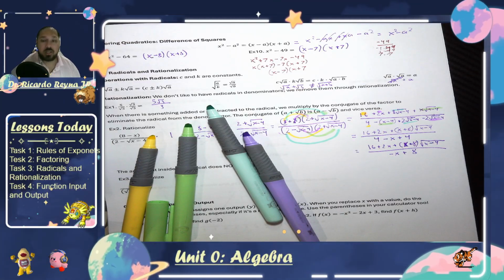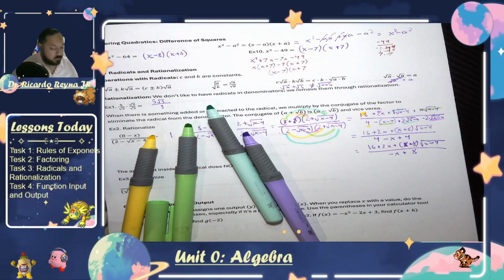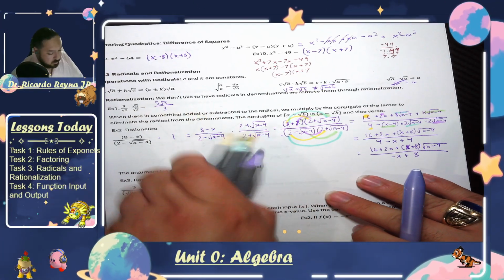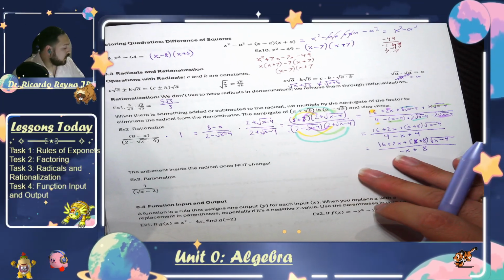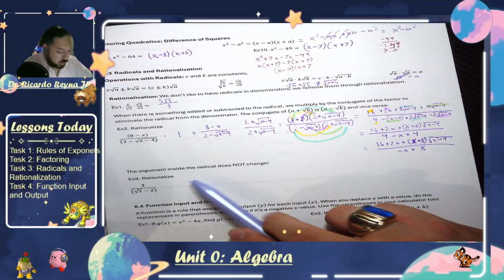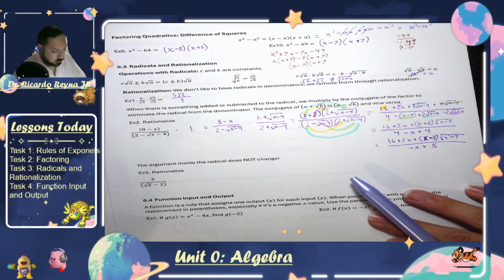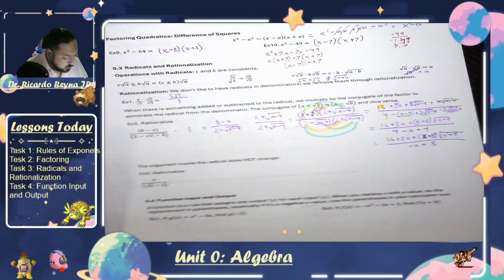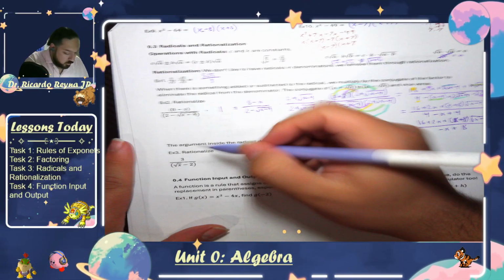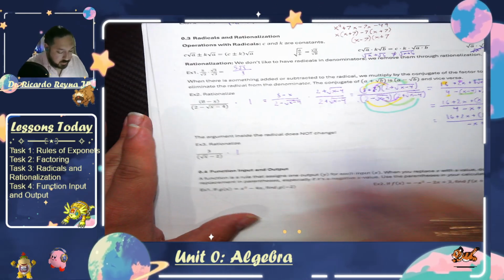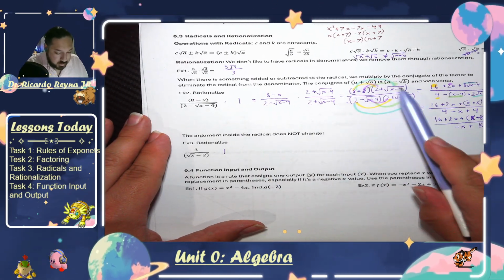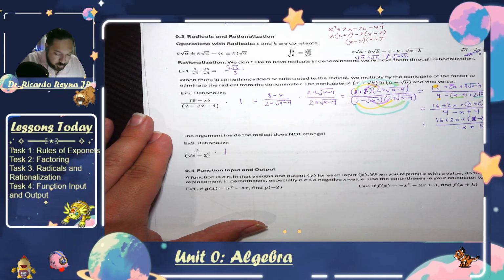But definitely not out of place. All right. Let's go ahead and rationalize this guy next. So this guy, again, multiplying it by 1. Oh, an important thing is that the argument inside that square root never changed here.